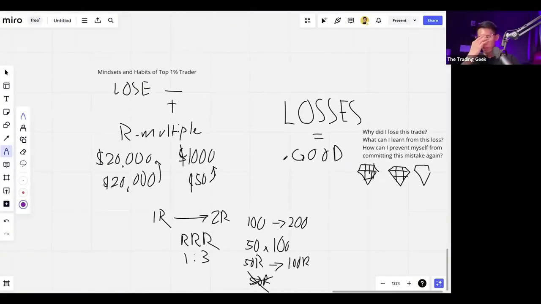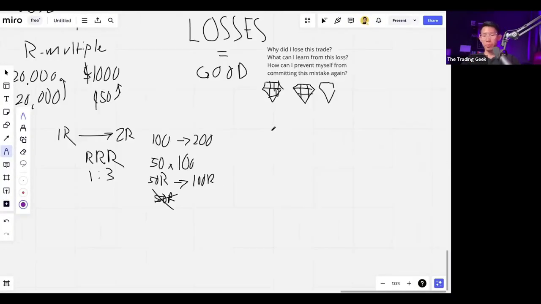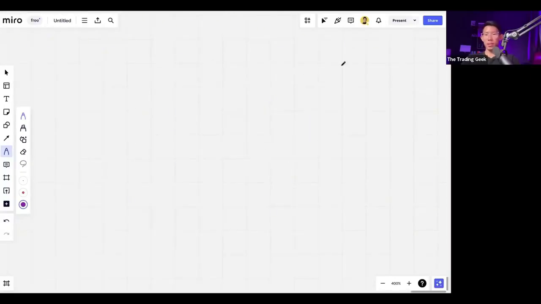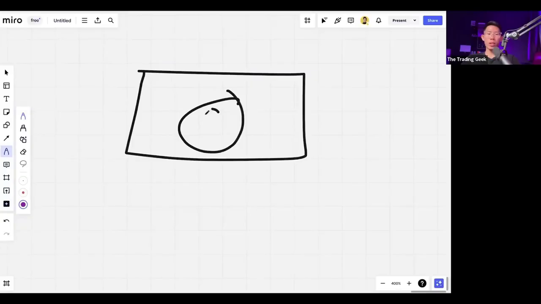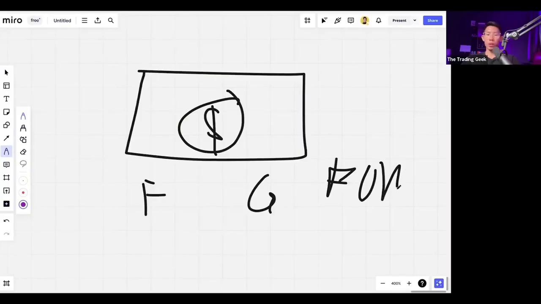Maybe let me just give you guys one more lesson in terms of mindset. Emotions. When you're trading your hard-earned money, you will experience a ton of emotions like fear, greed, FOMO, even doubt.